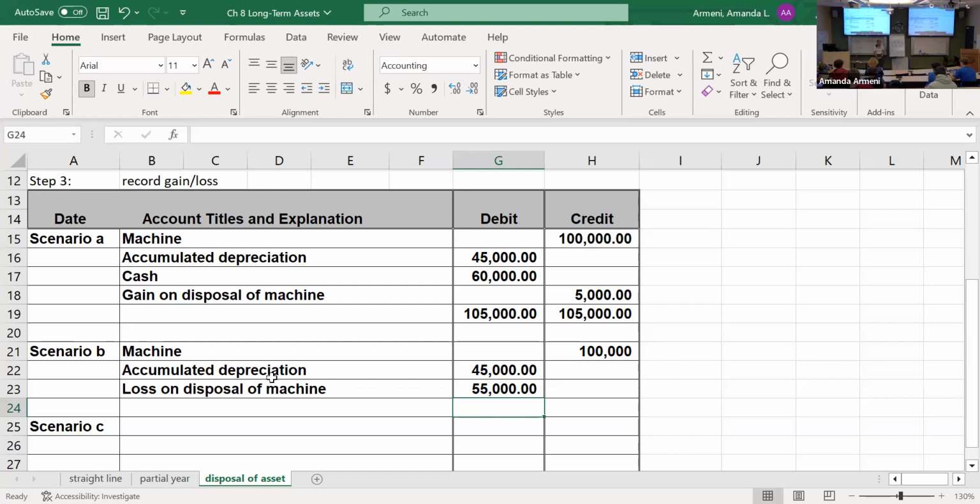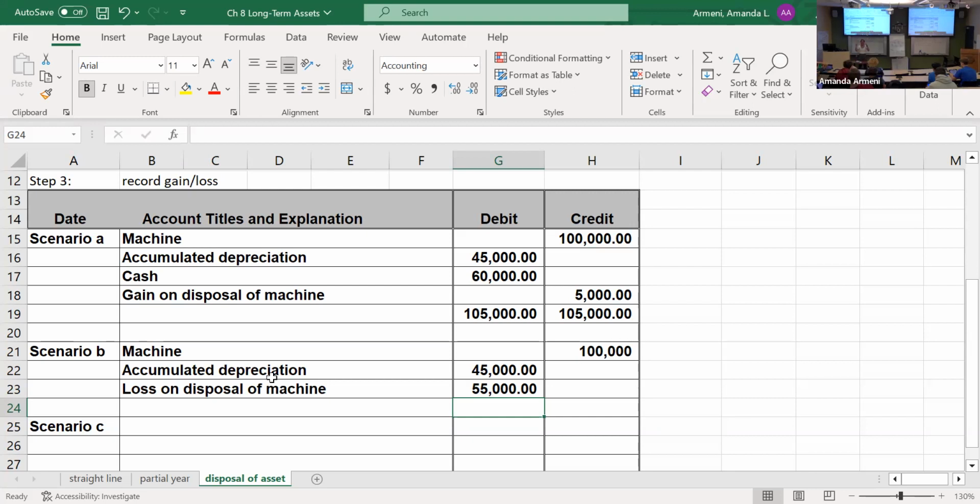Okay. Does anybody have any questions about this? Disposal of an asset. So this is the last phase of an asset's life on our accounting records. We are done using it. We have to make an entry in our journal so that it shows we're done using it. You cannot have an asset on your accounting records if it is not being used to help generate revenue. That goes for supplies, inventory, any of these long-term assets.